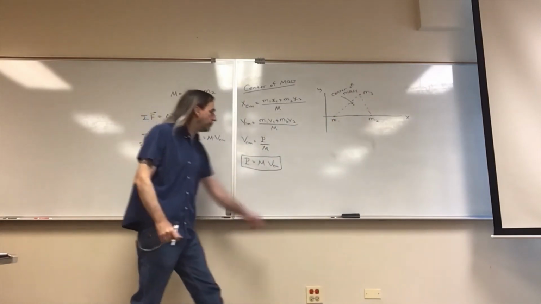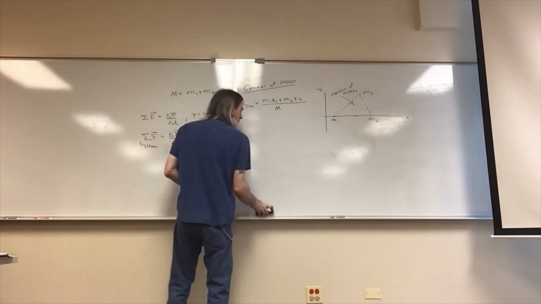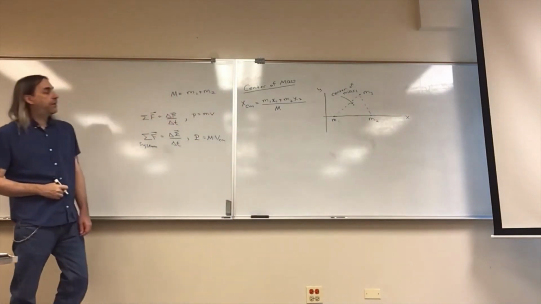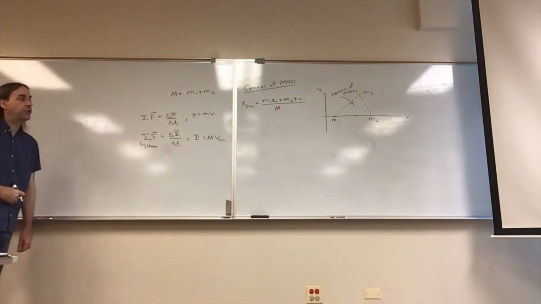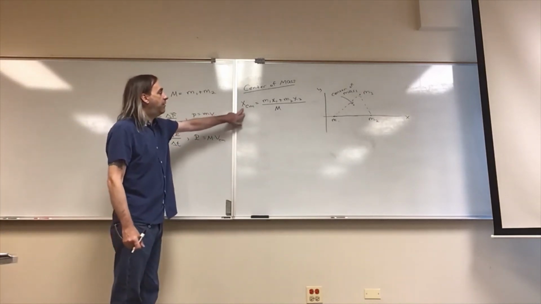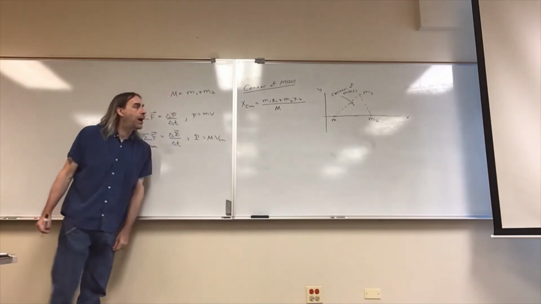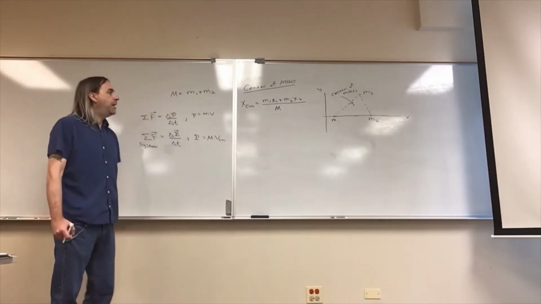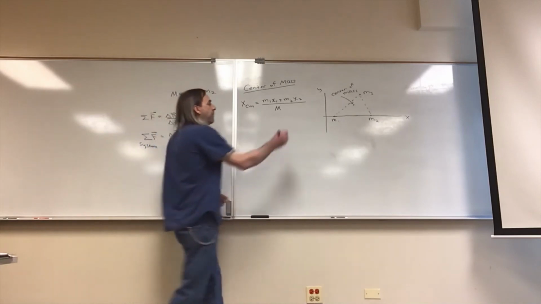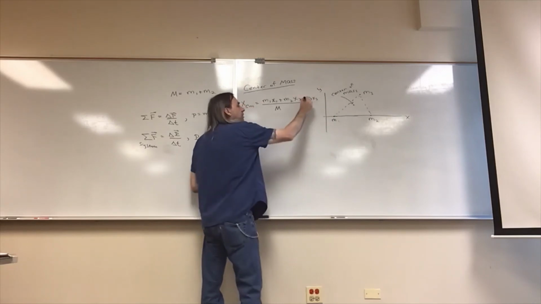I'm going to erase this. And to start with, this equation is perfectly valid. This does not change. So the center of mass has components. It has an x component and a y component. And the x, now we have x3, because we have 3 masses.